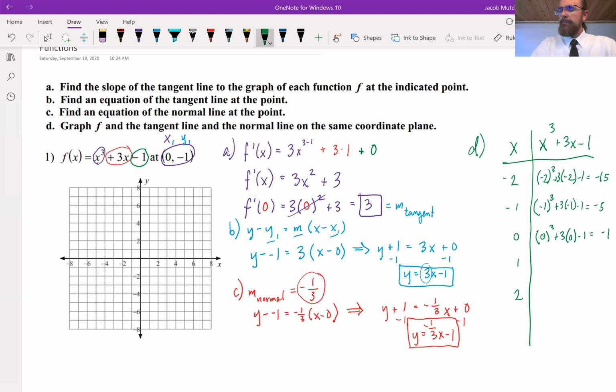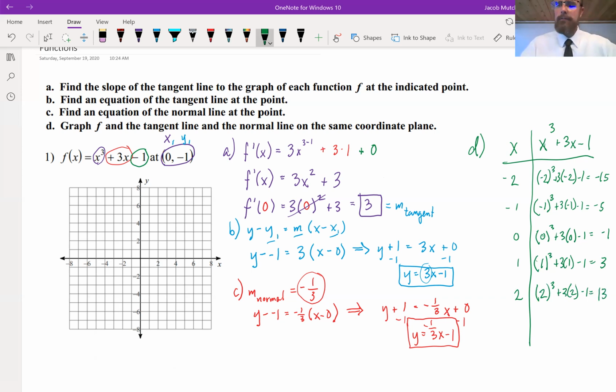That's the y-intercept. At +1, 1 cubed plus 3 times 1, so that's 4, minus 1 is 3. And lastly, 2 cubed is 8, plus 3 times 2, 8 plus 6 is 14, minus 1 is 13.